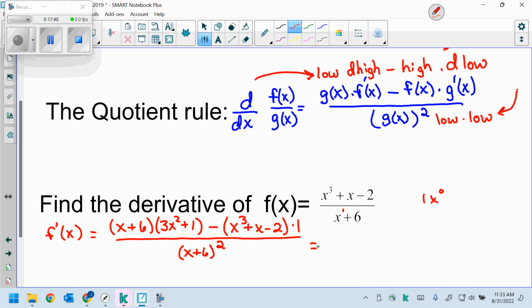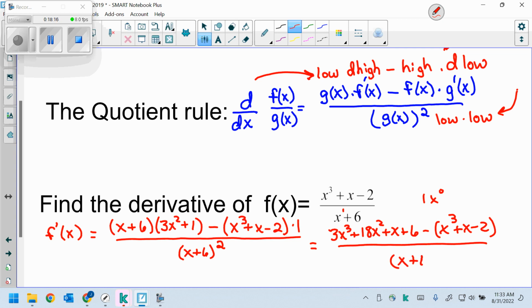So let's see, if I foiled this thing, I think I would get 3x cubed plus 18x squared plus x plus 6 minus this x cubed plus x minus 2, over x plus 6 being squared.